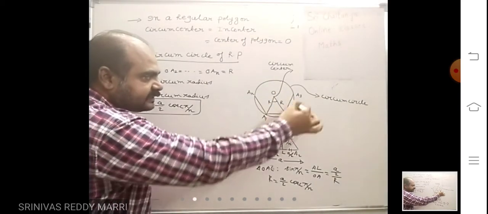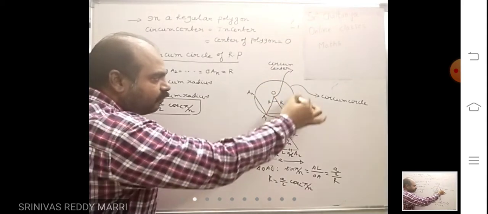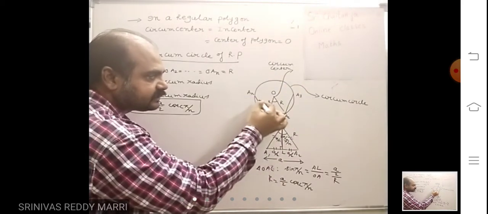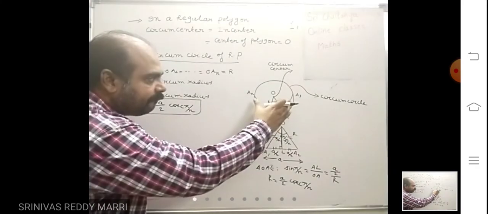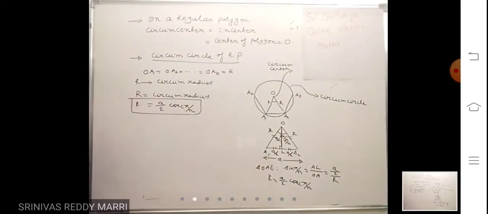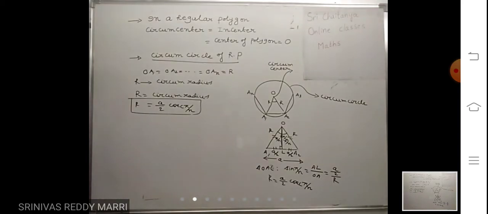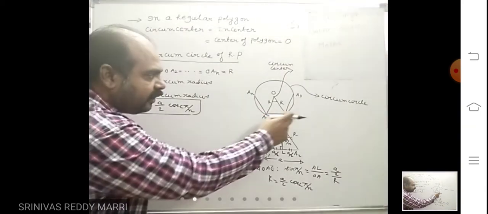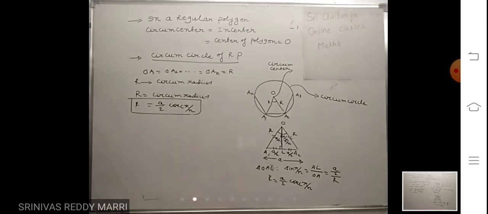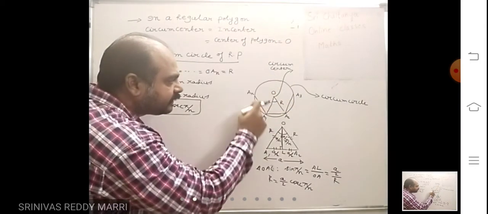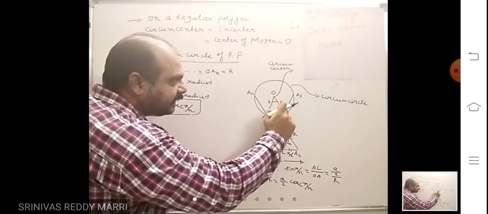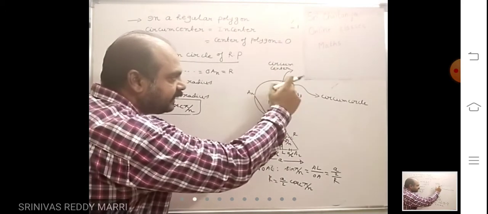So here if you look at this case, the circle is outside, and the polygon is inside. This is also called a polygon inscribed in a circle. Here, polygon is inside, polygon inscribed in a circle. In this diagram, the outer diagram is the circle, and that is called circumcircle.